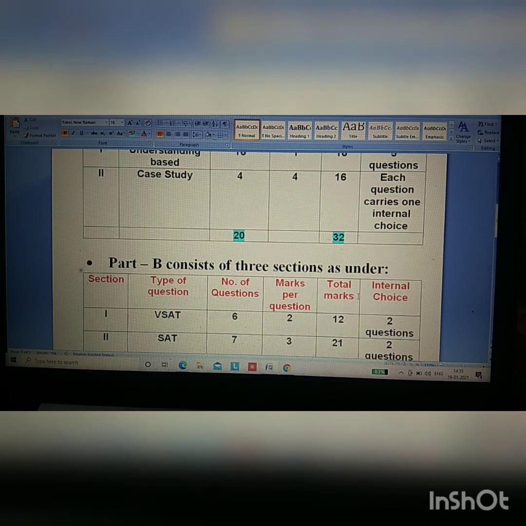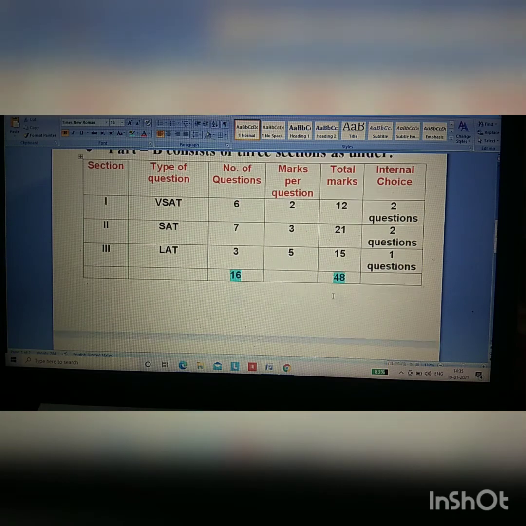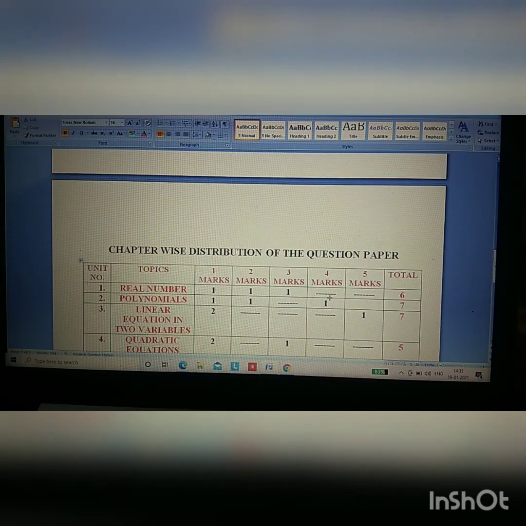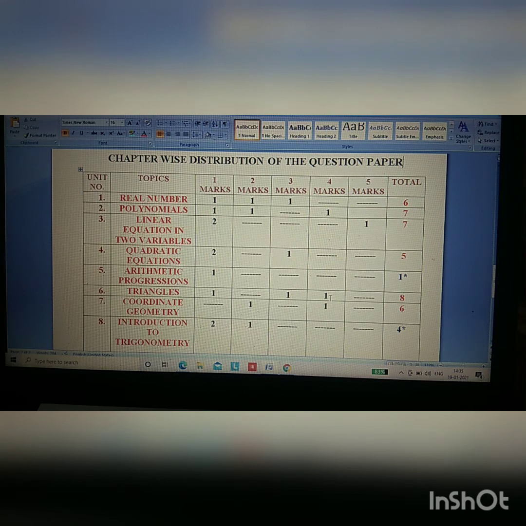Then part B as explained, and then the whole chapter-wise distribution. Hope you got a lot of help with this blueprint of the paper, because it helps you make your charts, make your preparations along the same way.